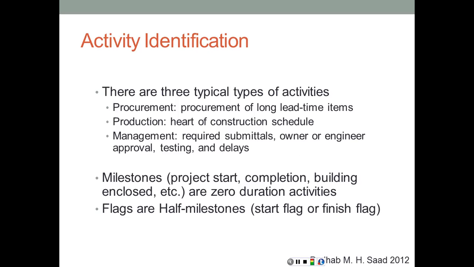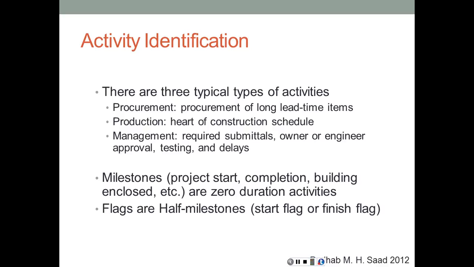Now from these work packages, we're going to break them down into activities. And each activity is going to be represented by a verb and a noun. Install carpet, paint wall, place or pour concrete, and so on. So there are three typical types of activities. Either a procurement activity, which is purchasing or contracting to get steel or to get mechanical equipment or to get elevators or electrical supplies or concrete.